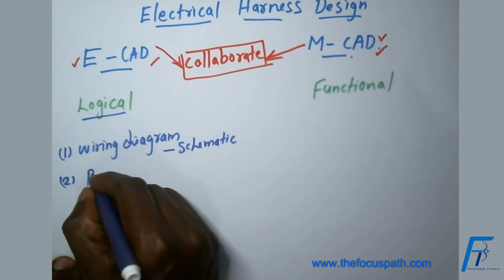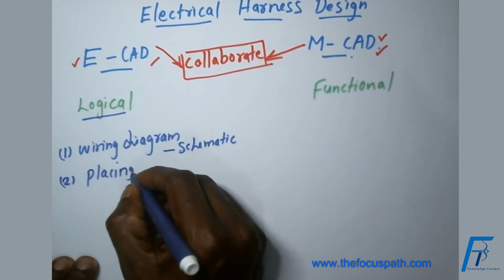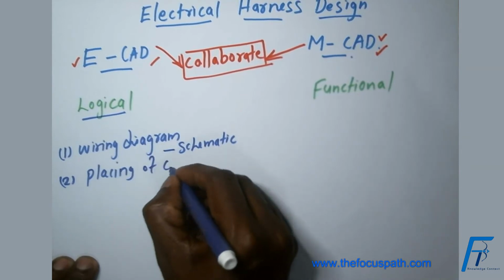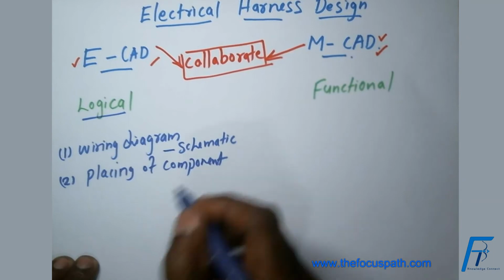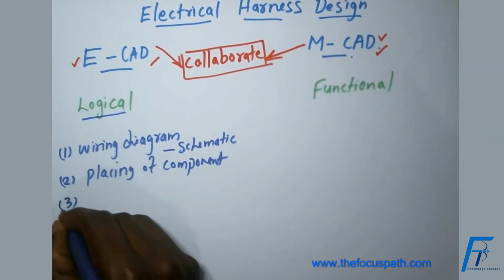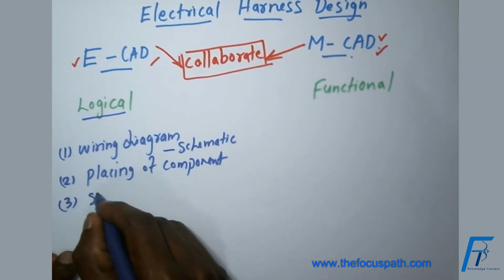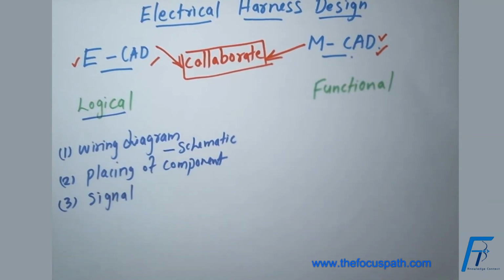Placing of components plays an important role. What do you mean by component? It's all the terminals, the connectors and the pins, all the stuff. And third, we will be focusing more on the signal. These are the three major things we do on the logical side.